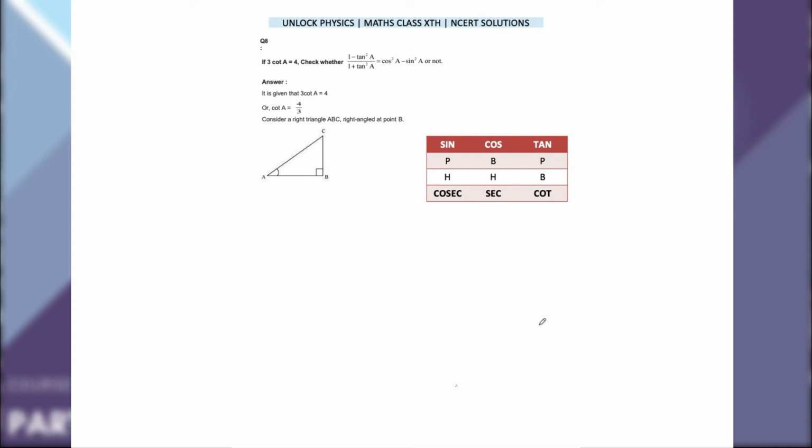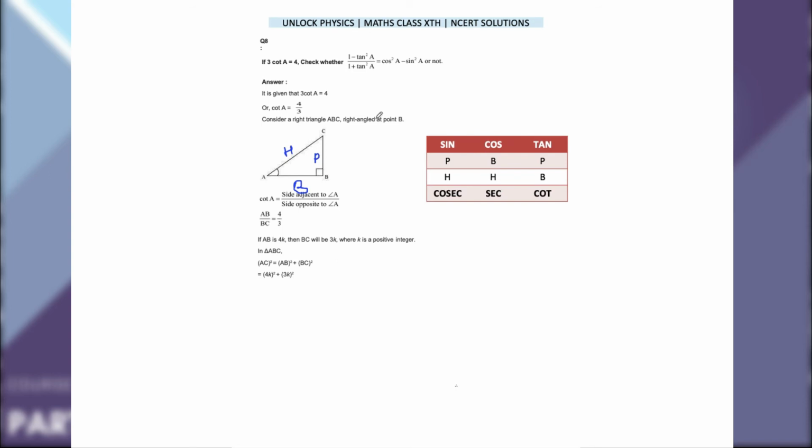Now consider a right angled triangle ABC right angled at B. Remembering our trigonometric ratio table, for angle A, this will be our perpendicular, this will be our base, and this will be our hypotenuse. So we have cot A is equal to base upon perpendicular, which is AB upon BC, which is 4 by 3.